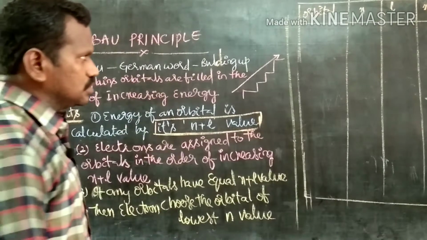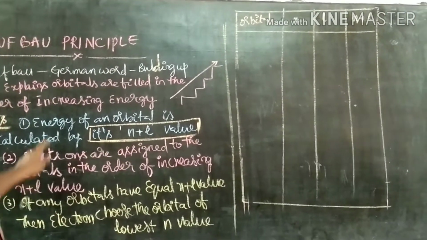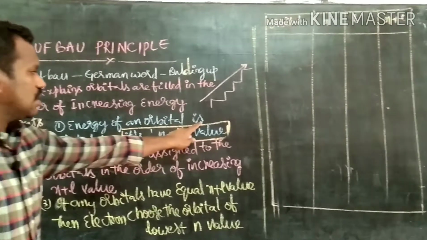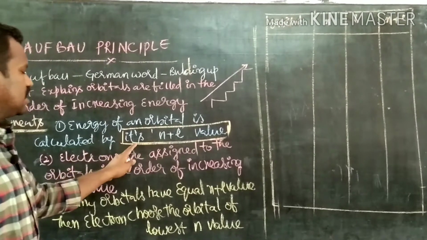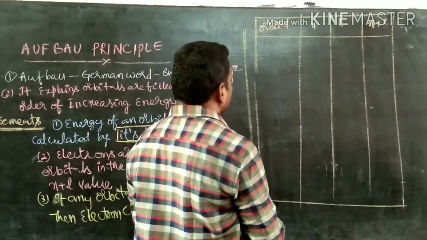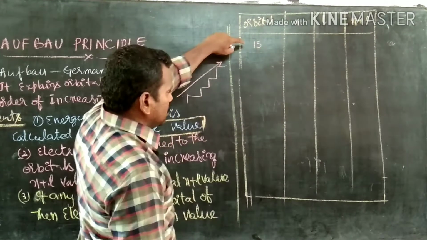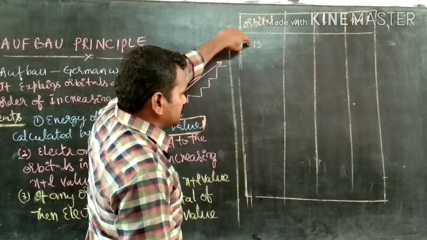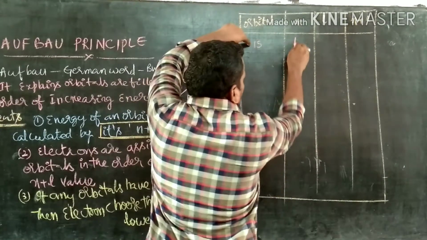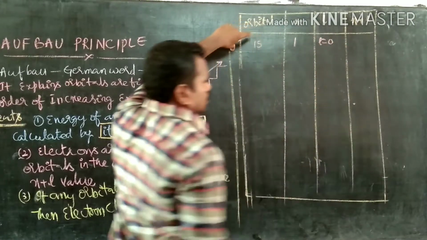Let us come to do the table. Based on this sentence, energy of an orbital is calculated by its n plus l value. Let us come to the first orbital, that is 1s. Here, principal quantum number n is 1. For s, l is equal to 0.